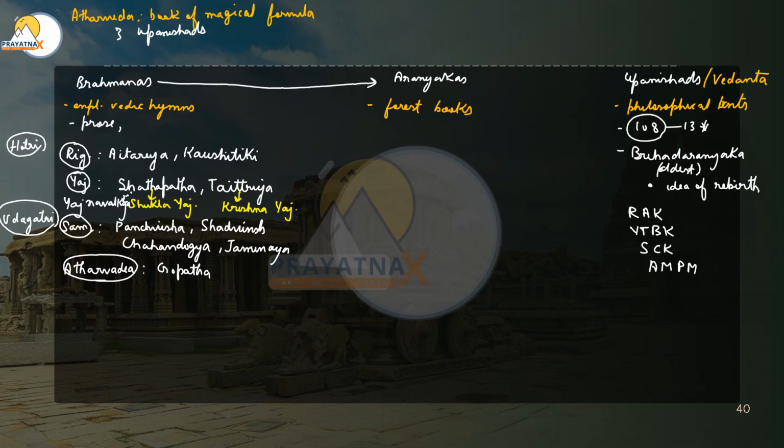YTBK was Yajurveda, Taittiriya, Brihadaranyaka, and Katha. SCK was Samaveda, Chandogya, and Kena. AMPM was Atharvaveda, Mundaka, Prashna, and Mandukya. Now, the national slogan of Satyamev Jayate was derived from Mundaka Upanishad.